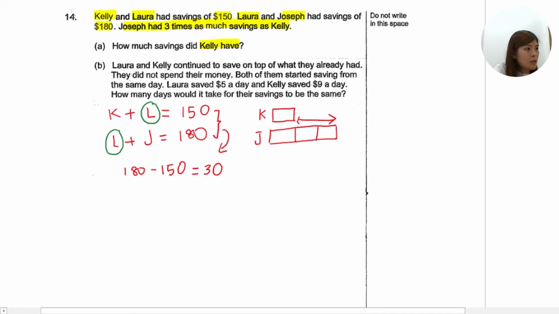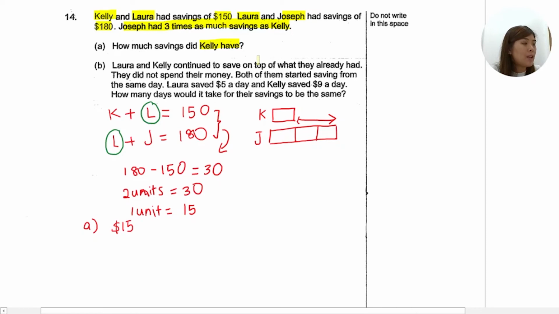Okay, the difference here is 2 units. 2 units equals 30. 1 unit equals 15. Okay, so this 1 unit is 15. So how much savings did Kelly have? So Kelly has 15. So part A is 15 dollars.